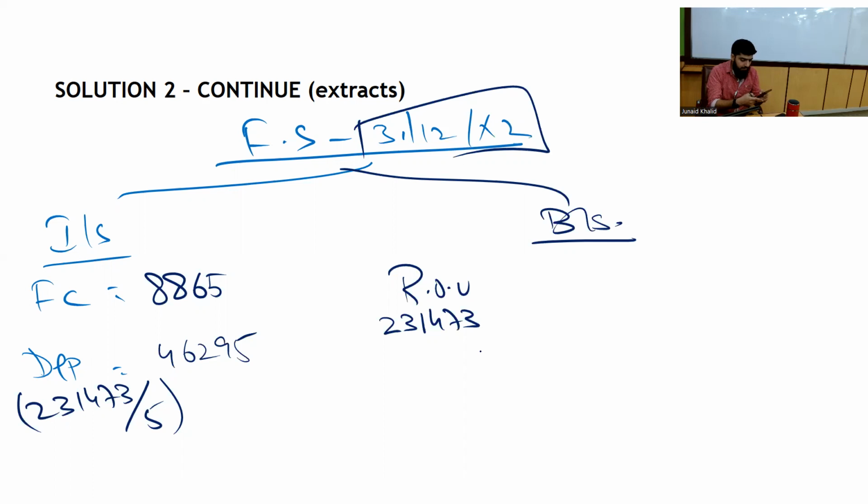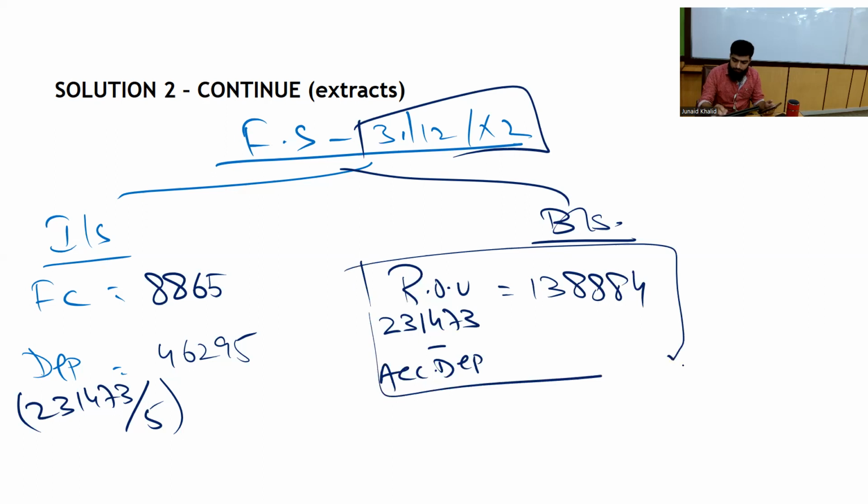So the right of use asset that would be shown in the balance sheet is 138,884.